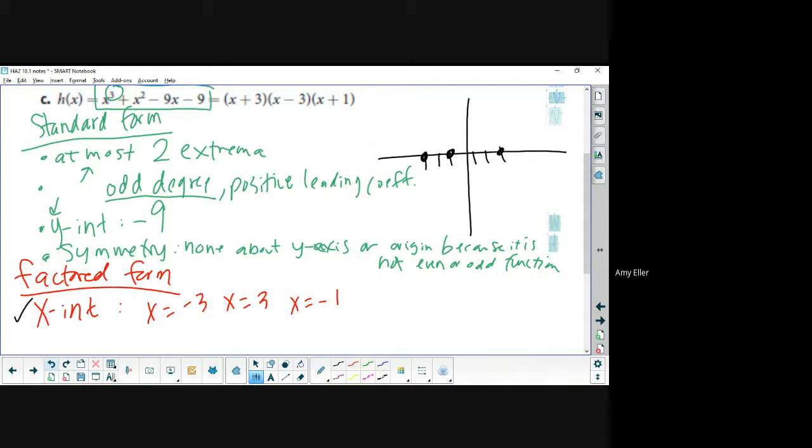Then I like to graph my y-intercept. Then I'm going to graph my end behavior. So I know it's going to start down. I kind of just put the arrows in the graph at the farthest ends.